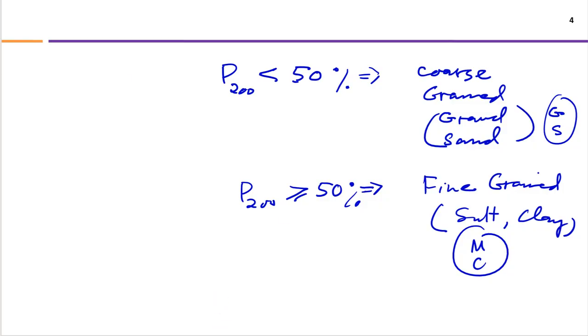So just remember, the first important point is we have to look at whether P200 is less than 50 or more than 50. Or sometimes you can also write it like this: fines are less than 50, or fines are more than 50.